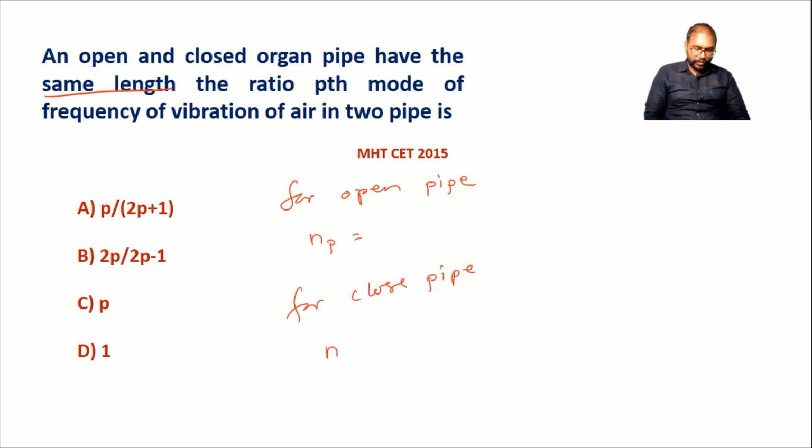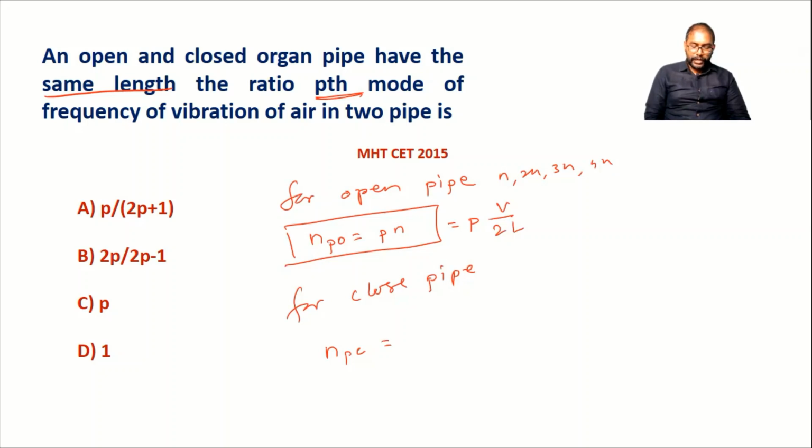You know that an open pipe vibrates at N, 2N, 3N, 4N like this. So for the pth mode, P into the fundamental frequency, and the fundamental frequency in an open pipe is V upon 2L.